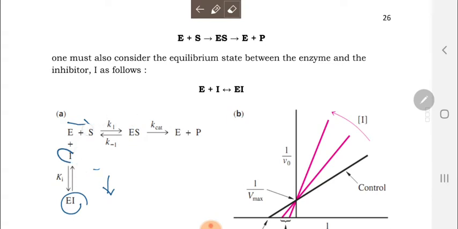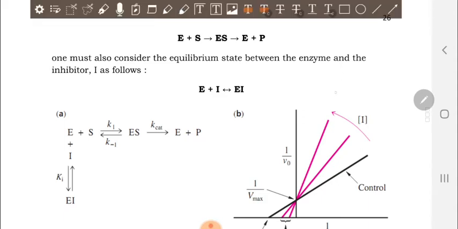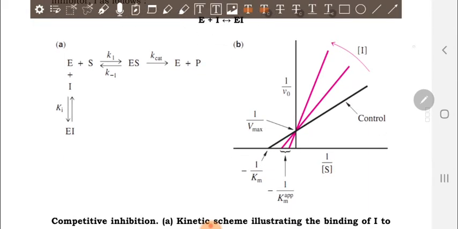Here we are going to look at the kinetics pattern. This is a typical one: 1 divided by substrate concentration versus 1 divided by velocity. This is nothing but the Lineweaver-Burk plot. The pattern of the Lineweaver-Burk plot is unique for each type of reversible inhibition.